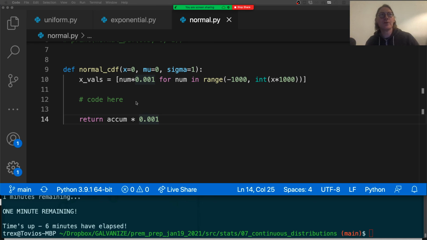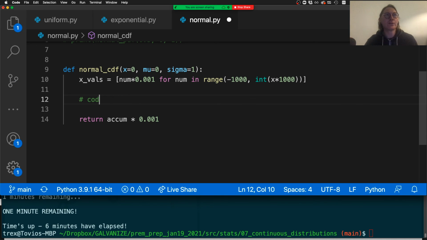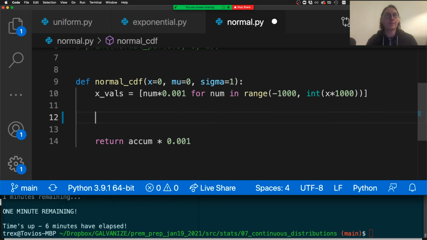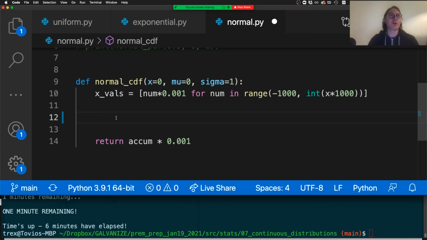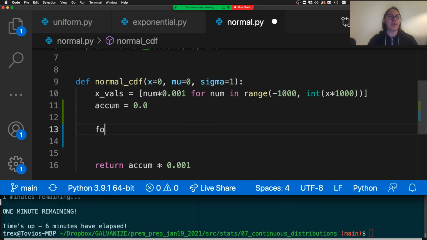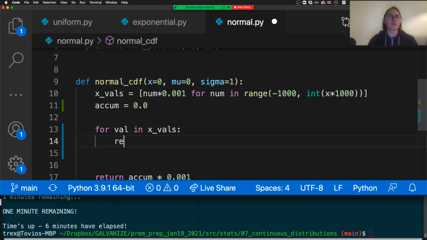Okay, I'm going to show you a simple way to do this. And I'm going to ask what might go wrong with this. It's actually fairly simple. So I'm just going to make an area accumulator. Start that at 0. And then I can say for each value in xvals, the result is just going to be the normal PDF, right? The normal PDF of val, mu, and sigma.